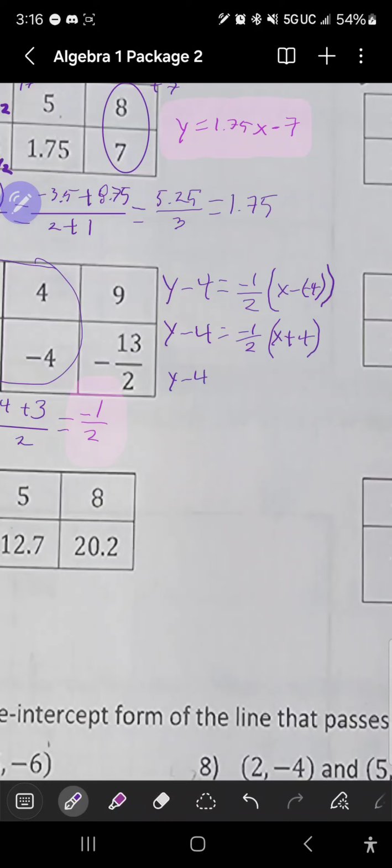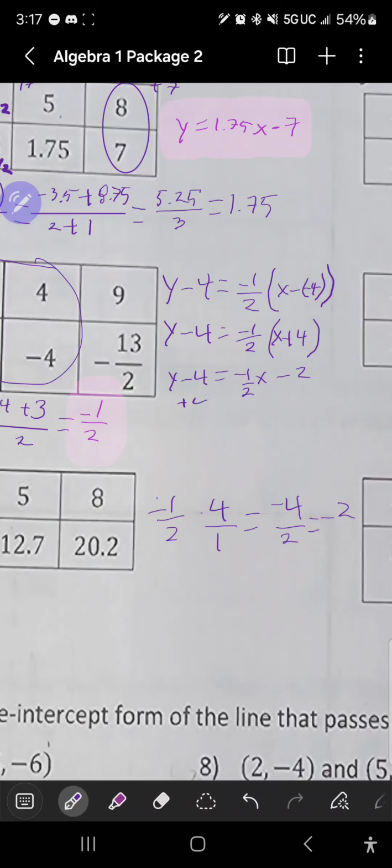And now y minus 4 equals negative 1 over 2 times x is just negative 1 over 2x. And negative 1 over 2 times 4, we multiply the numerators and denominators. So this will be negative 1 times 4, which is negative 4, they have different signs, and 2 times 1, which is 2. So this is going to equal negative 2. Negative 4 divided by 2 is just negative 2. So this will be minus 2.